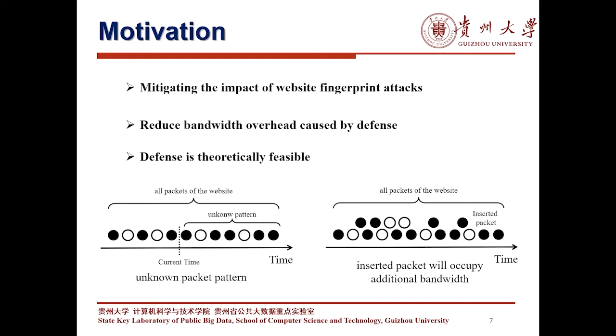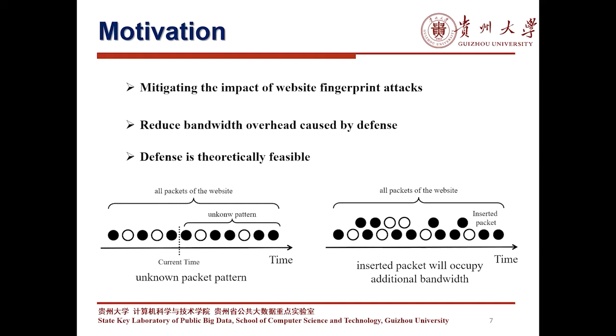Some researchers have proposed website fingerprinting defenses, such as WTF-PAD, Deep Fingerprinting Defender, Website Fingerprinting Game, and Mockingbird. These defenses insert dummy packets into the original traffic to achieve the purpose of defense, which means additional bandwidth overhead.